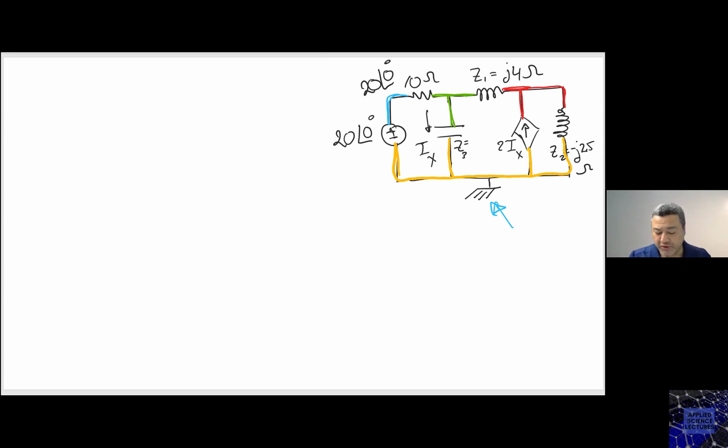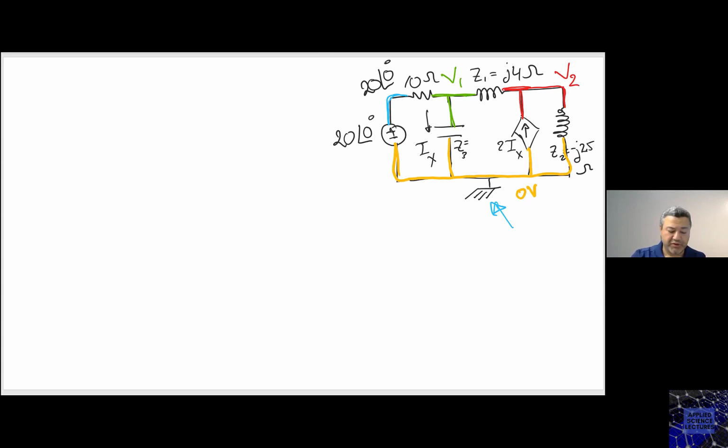But I don't know the voltage here, V1. I don't know the voltage here, V2, okay? So that's what I need to know. This is my reference, 0 volt.